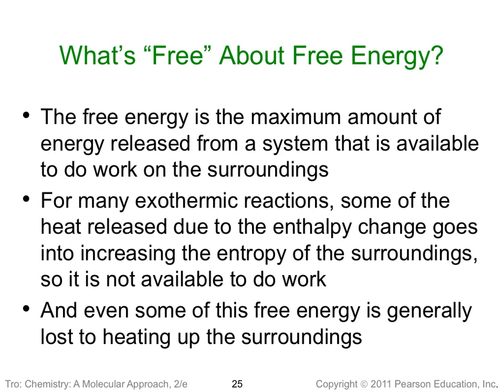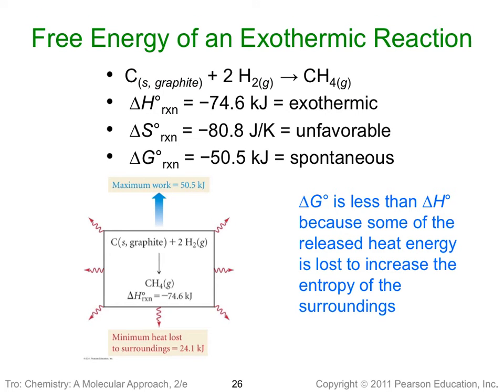And so the free energy is actually the energy that is useful. So if we examine all of this, where we know that we have an exothermic process, where does some of that heat happen to go? Well, it goes into heat energy and an increase in entropy of the surroundings.